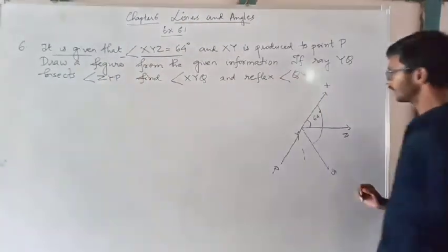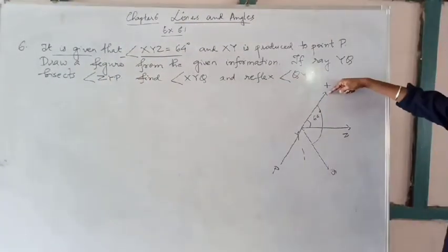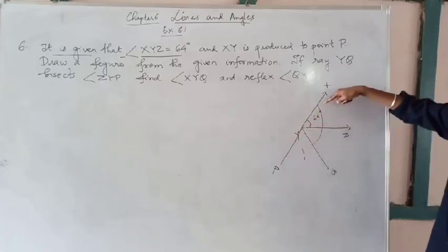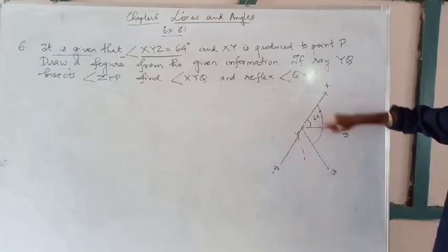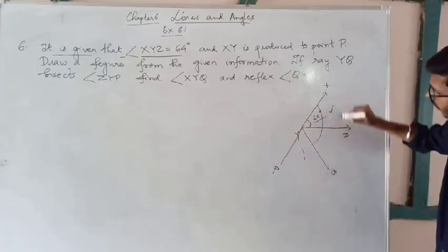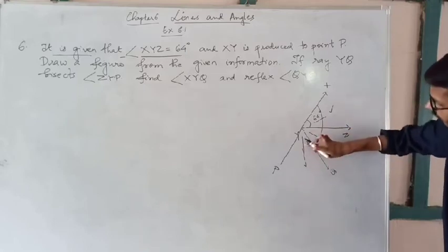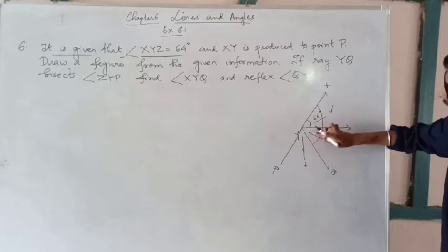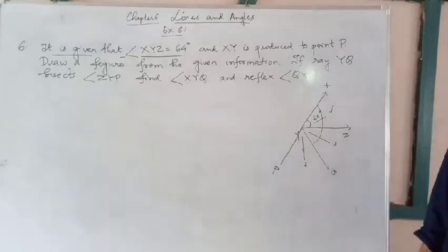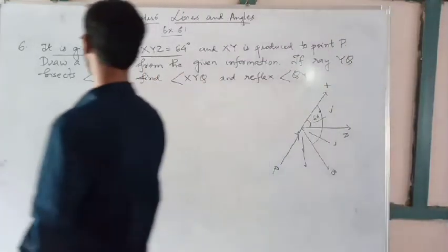Now if you see nicely, this is a straight line. So we can say the sum of these three angles will give you 180 degree.